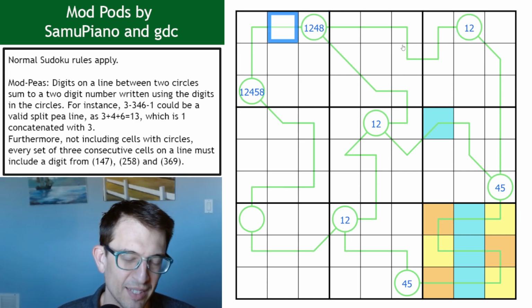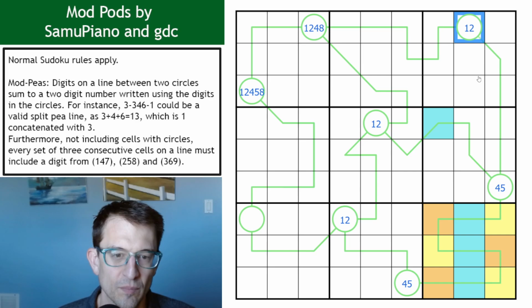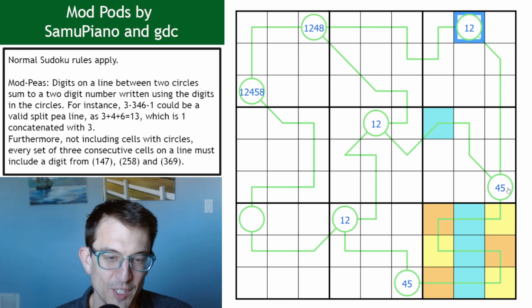In fact, 18 seems pretty likely. What about this one? If this is... could this be as low as 14?